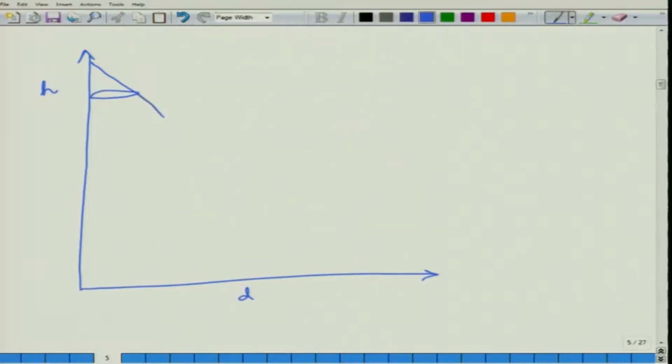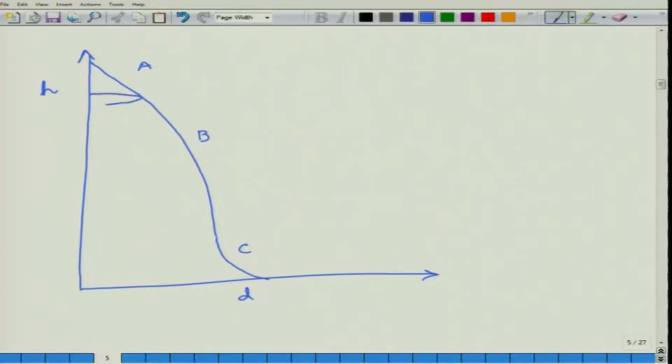Then we would have a paraboloid section. This is the second section and then a third section that goes on like this. We call these section A, section B and section C. Section A is a conical section, or maybe it will go to the other side as well.